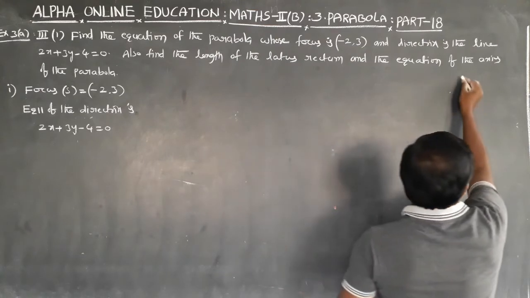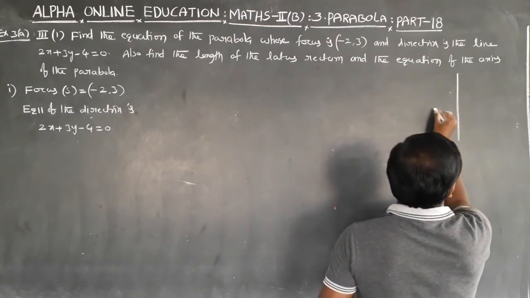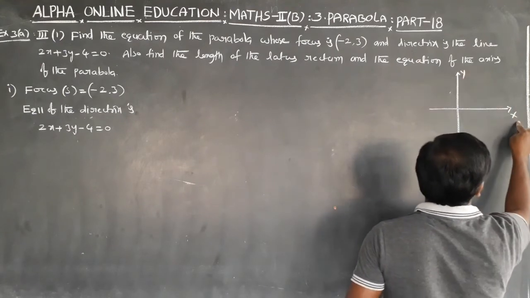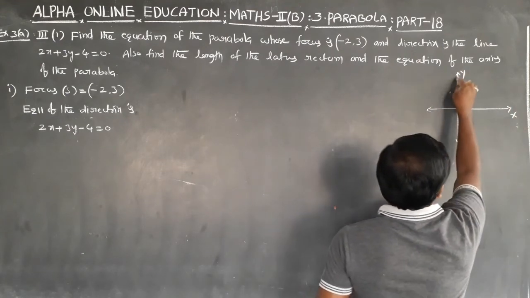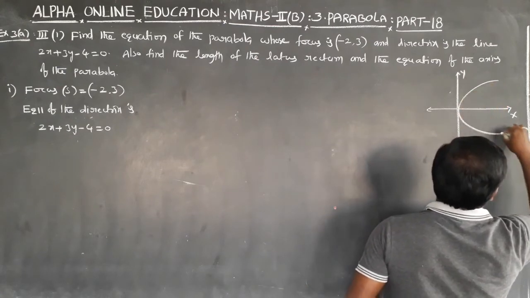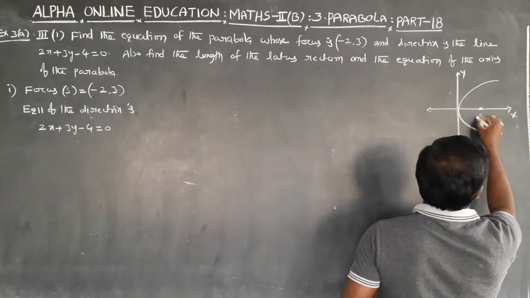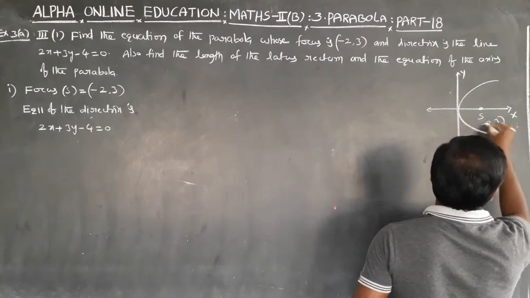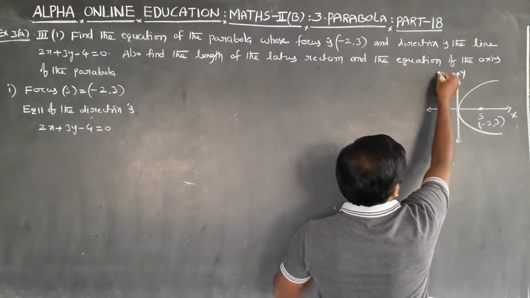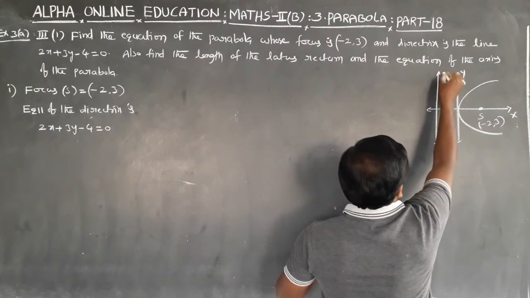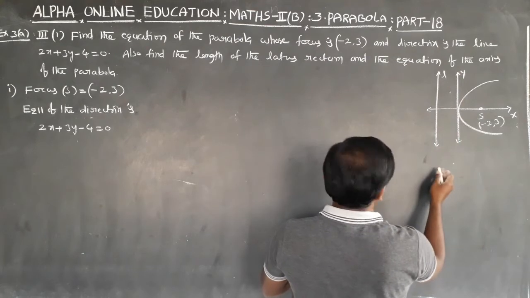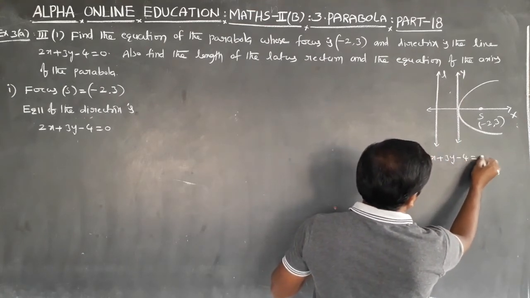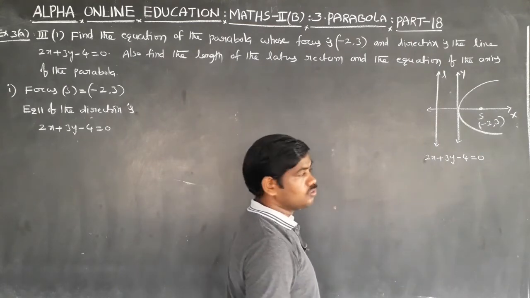Here given that focus and equation of the directrix. This is the x-axis, this is the y-axis, this is the parabola. Focus S (-2, 3) is the focus. This is the equation of the directrix L: 2x + 3y - 4 = 0.